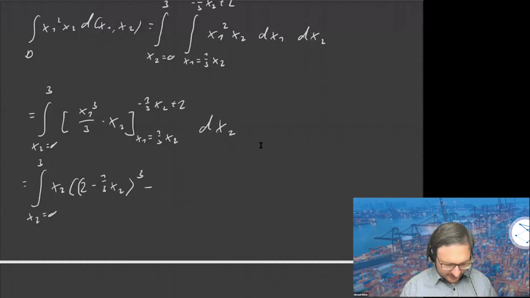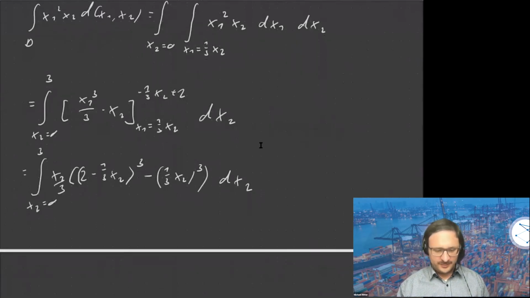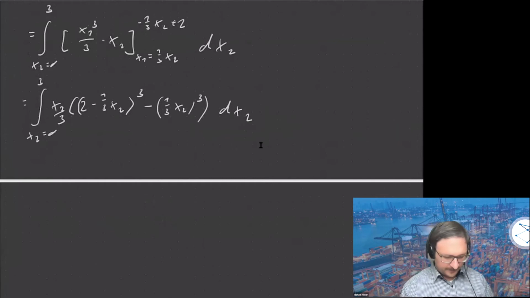So I forgot, I should take out the third. Okay, and the lower bound is then 1/3 x2. So we have 1/3 x2, again to the power of 3 dx2. That should be it, yeah. Okay, let's take out that 1/3 here. You can just move that in front of the integral.